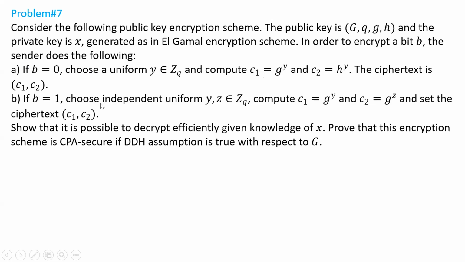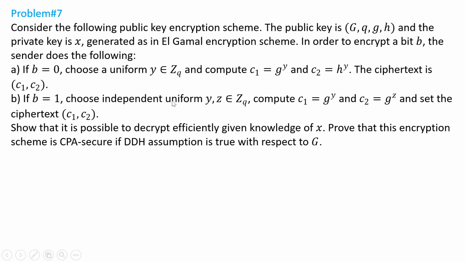However, it may be the case that the value z has been chosen in a way that z is equal to xy. If that occurs, then although the underlying bit is 1, C1 to the power X equal to C2 will be satisfied, and the decryptor will wrongly output the plaintext bit to be 0, although the actual plaintext bit is 1.